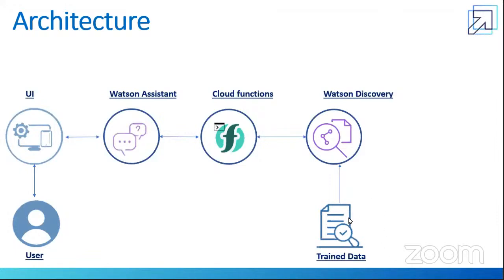It could be medical data, or insurance data, or any specific domain. Any domain will have its user manuals. First, the user manuals will be trained with the Watson Discovery service. So if the user asks for information about the specific domain, then the cloud functions will be helpful.